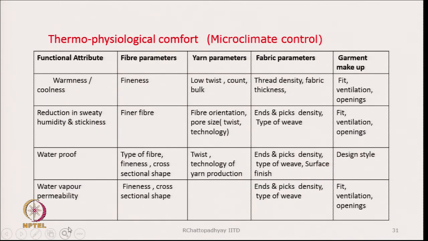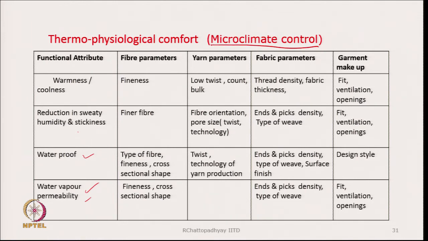I have taken another example for thermophysiological comfort, where microclimatic control is stated here. You see here the microclimatic control is dependent on warmness, reduction in sweaty humidity, waterproofness, water vapor permeability. So many attributes are there which are relevant to microclimate control, which is a part of thermophysiological comfort.